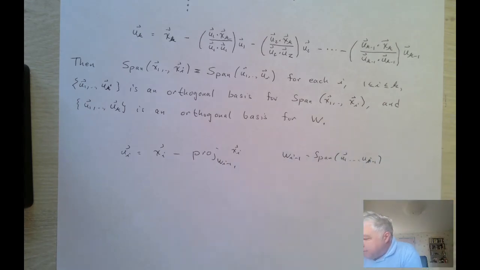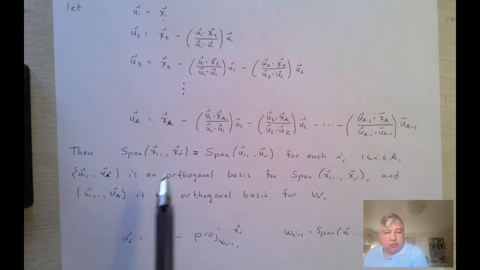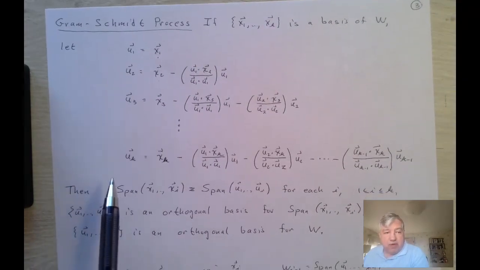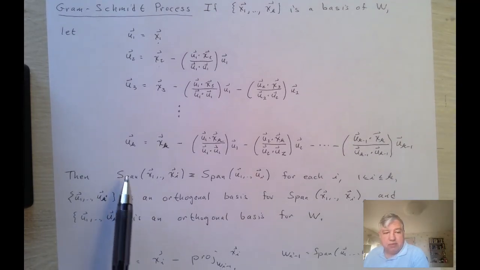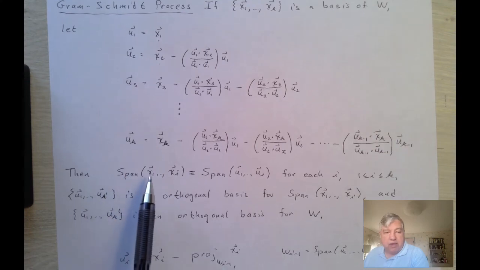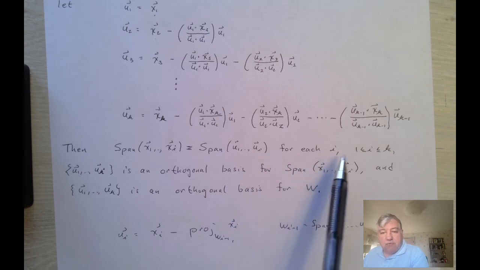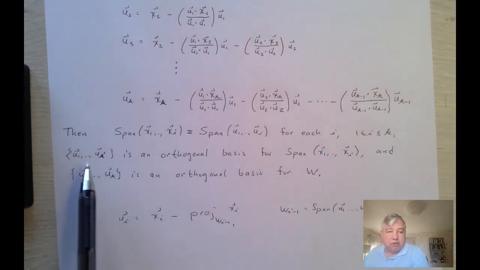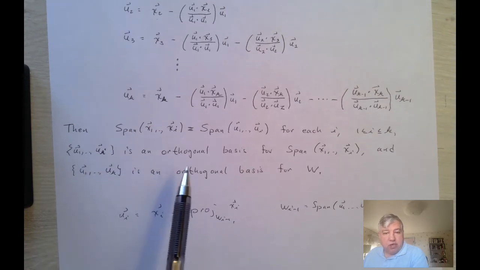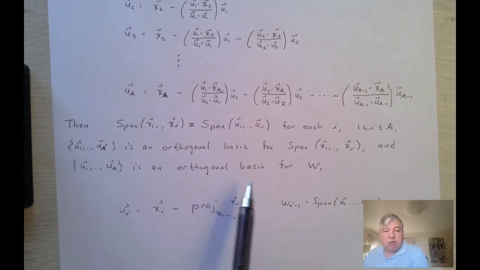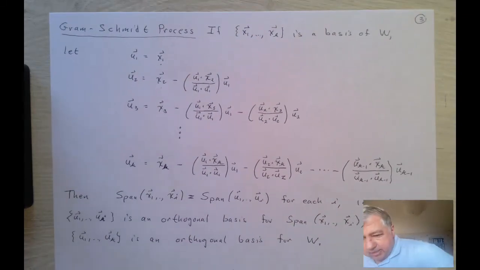Okay, so do the calculations, and notice that what's even more important here is that at each step, this wi, the span of x1 through xi, is equal to the span of u1 through ui for each i, and that this is going to be an orthogonal basis of this subspace, and in particular, u1 through uk will be an orthogonal basis for W. Okay, so that's the Gram-Schmidt process.